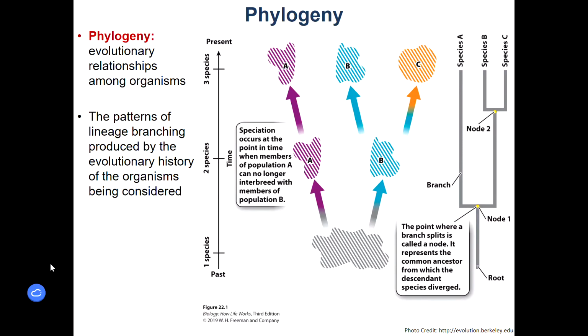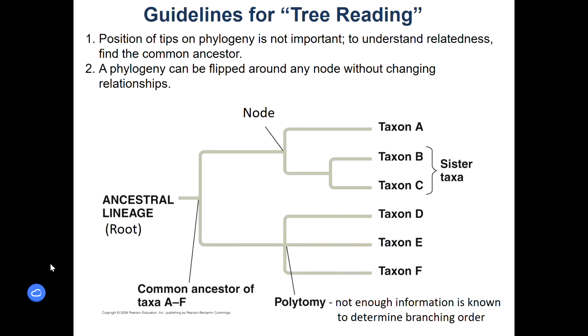So we like to put them on what is called a tree. So how do we read a tree? We call this a phylogenetic tree or cladogram. And we have our ancestral lineage. So there's some sort of organism back here. This is our root.